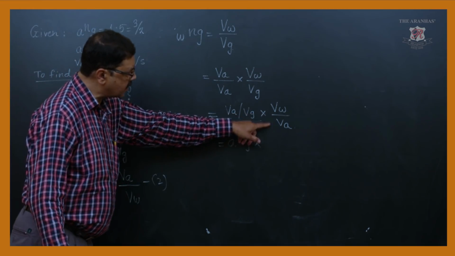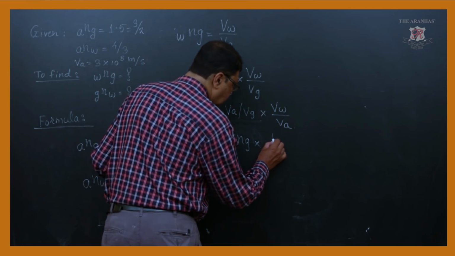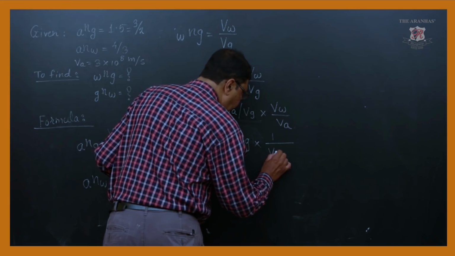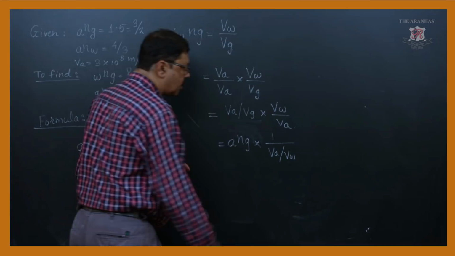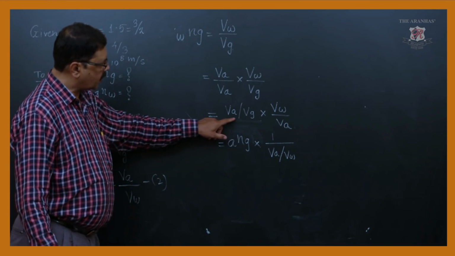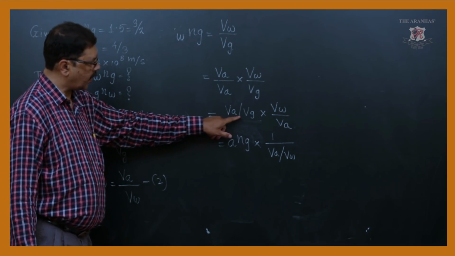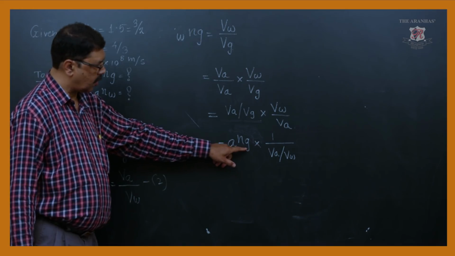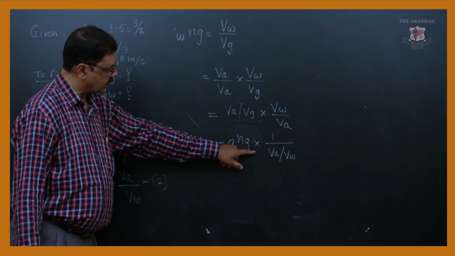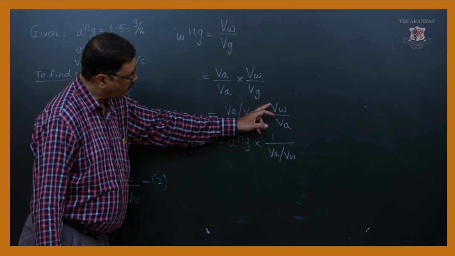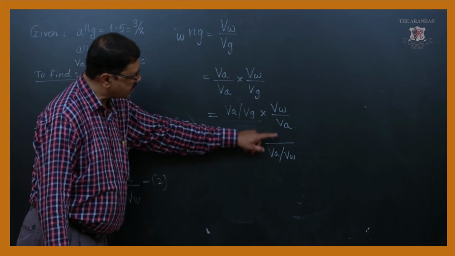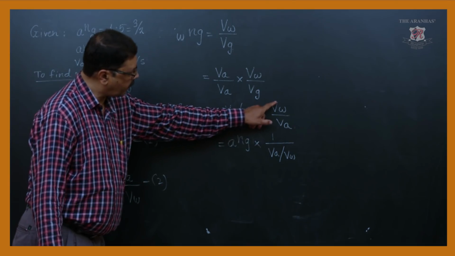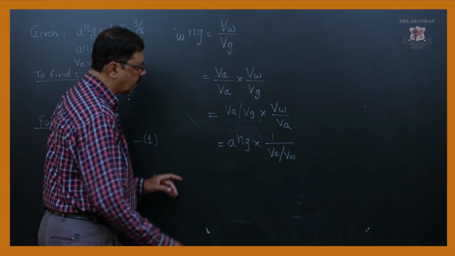I can write this factor as 1 upon VA upon VW. Forget about this, this is the basic definition. VA upon VG is aNg multiplied as it is. Now I am taking VW in the denominator. This is the same as this. This VW is going to go up and the value is retained.